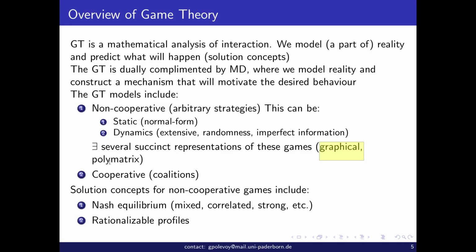And polymatrix game, that's a game where the utility of any player can be expressed as the sum of the utility from the interaction between that player and everyone else.